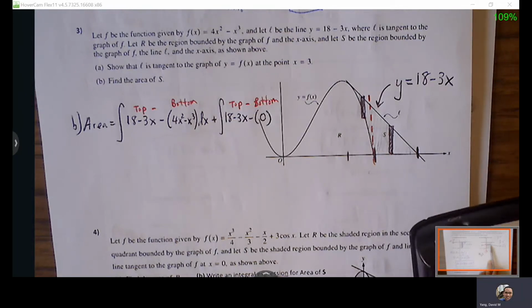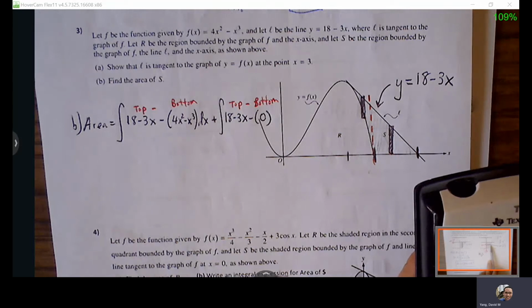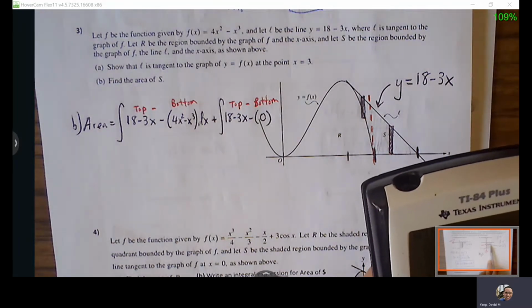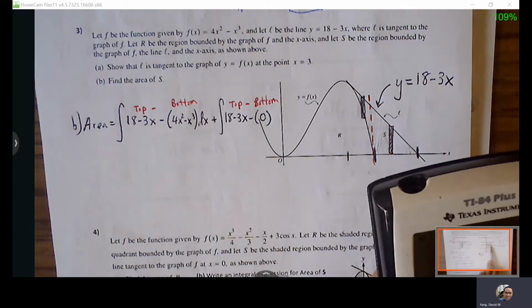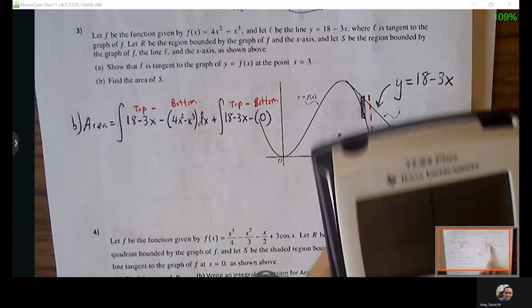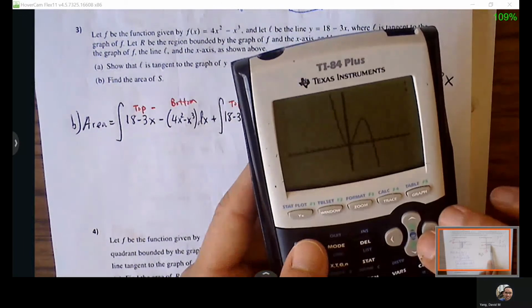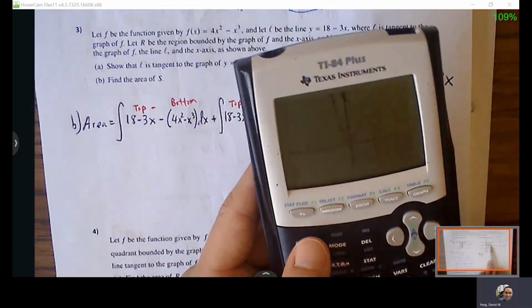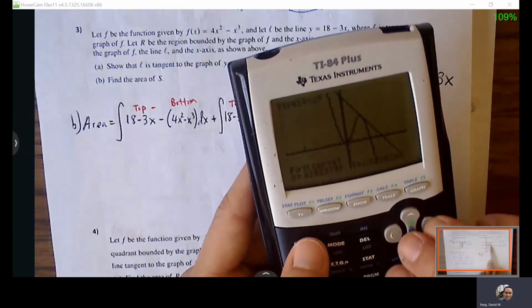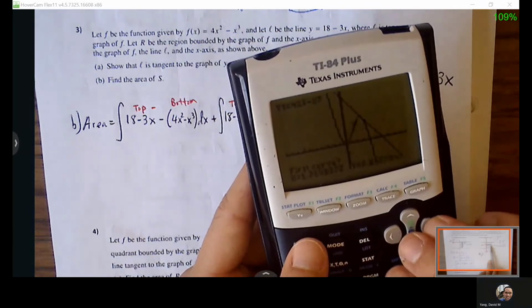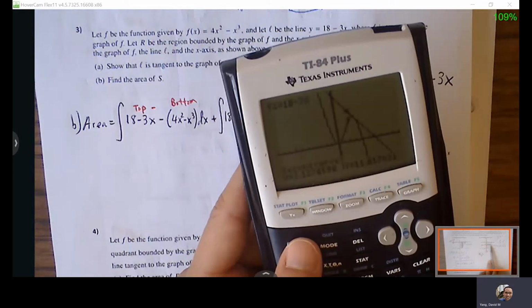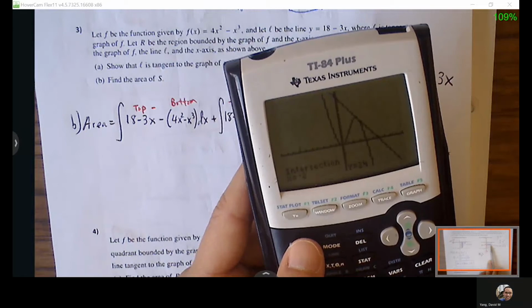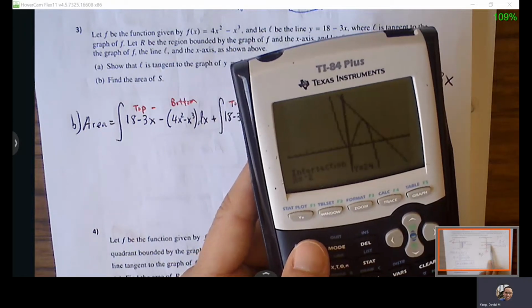Oh, sorry. 4x squared minus x cubed. Huh. It's not finding that intersection.